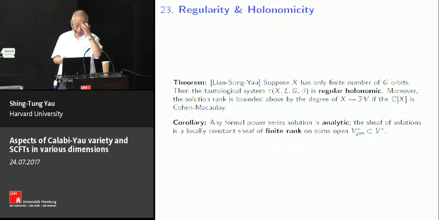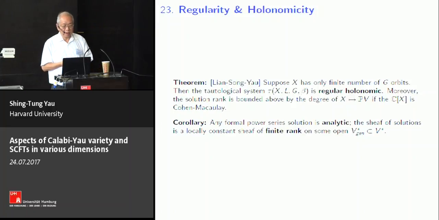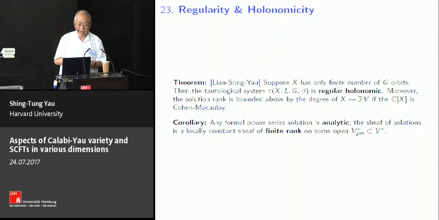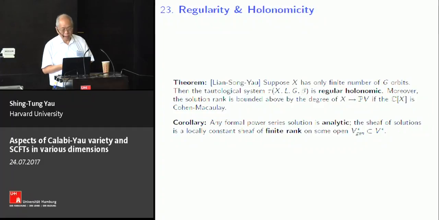So we proved that in the case there are only a finite number of G orbits, this tautological system is actually regular holonomic. So the solution space has finite dimension, and so does the solution rank. This is a system of holomorphic PDE, and the solution space is finite dimensional.